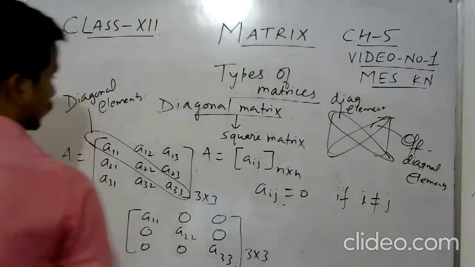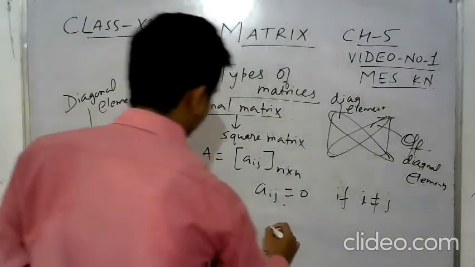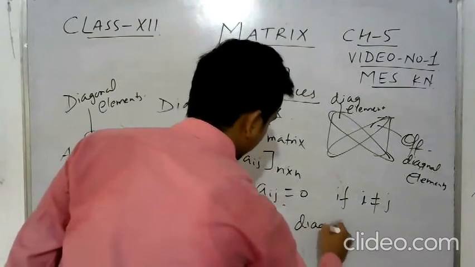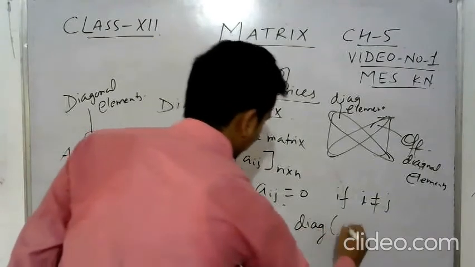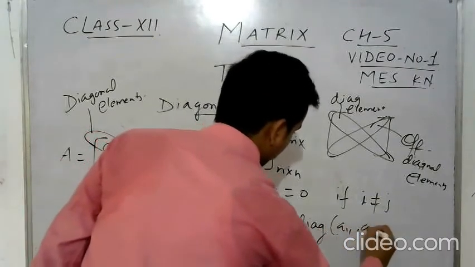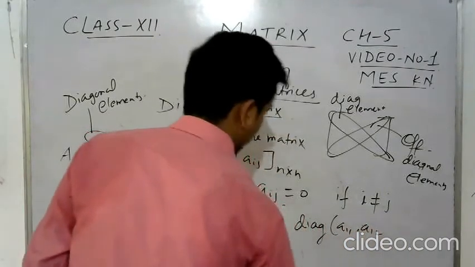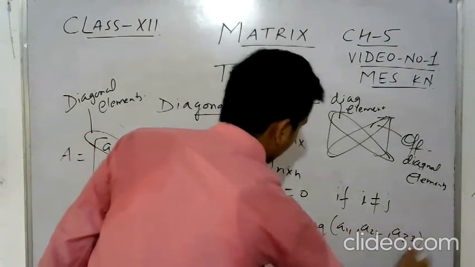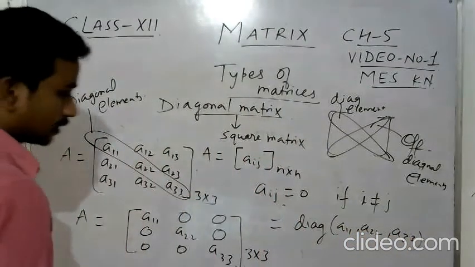A diagonal matrix is also represented as diag(A11, A22, A33). Just write the diagonal elements.